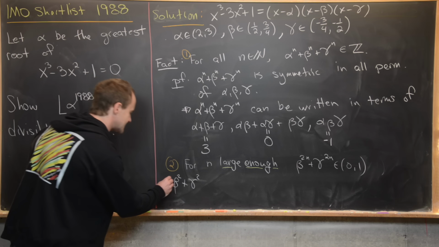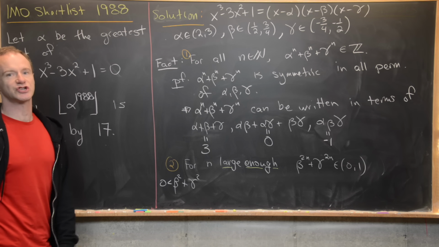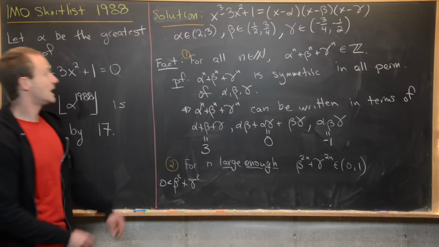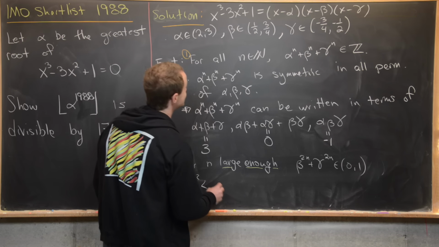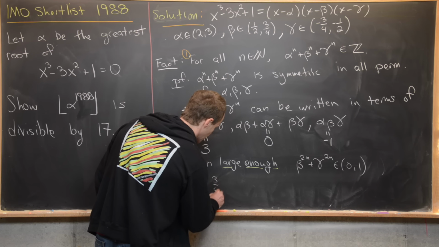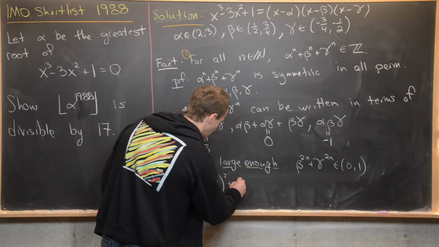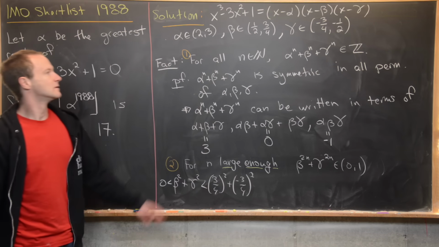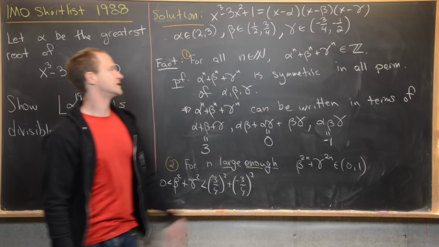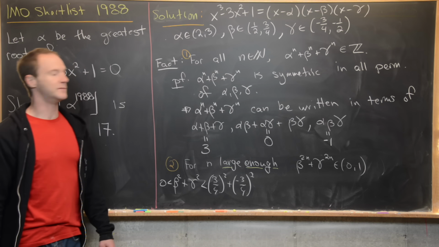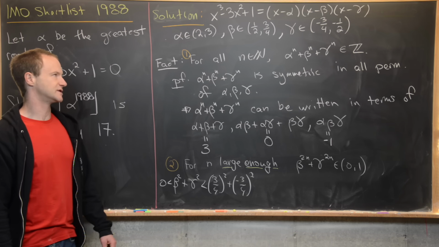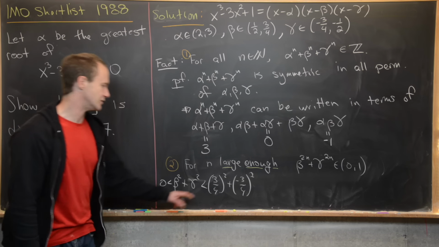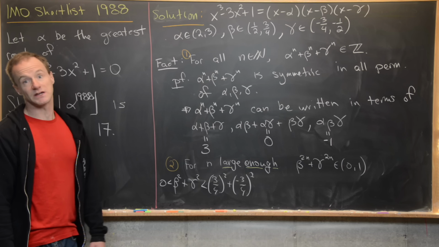And so we've got beta squared plus gamma squared. And we can see, well, that's clearly bigger than 0 like we just talked about, but it's going to be less than (3/4) squared plus (-3/4) squared, because 3/4 is going to achieve the maximum value of beta, and -3/4 is going to achieve the maximum value of gamma squared.